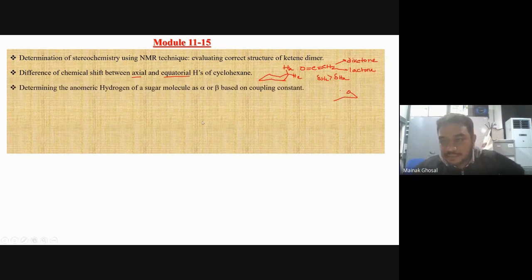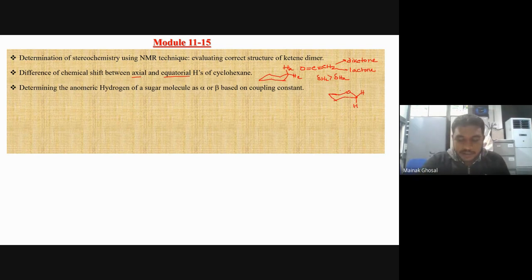So in this anomeric carbon, wherever this hydrogen is alpha or beta, you can determine it either using the chemical shift value, what I discussed for this cyclohexane molecule, or on the basis of coupling constant.